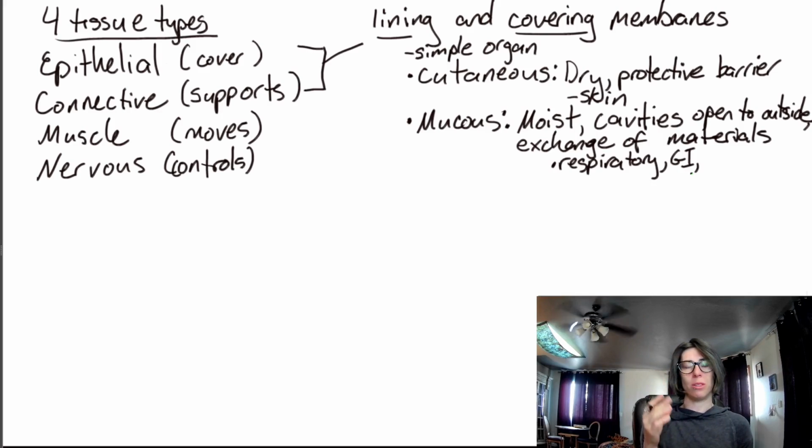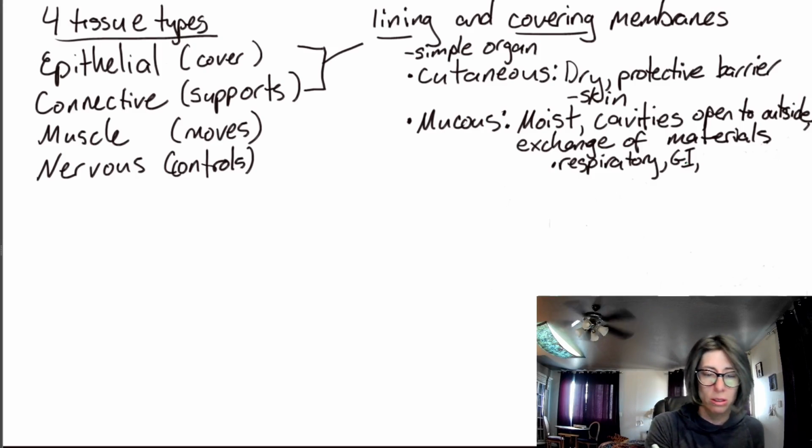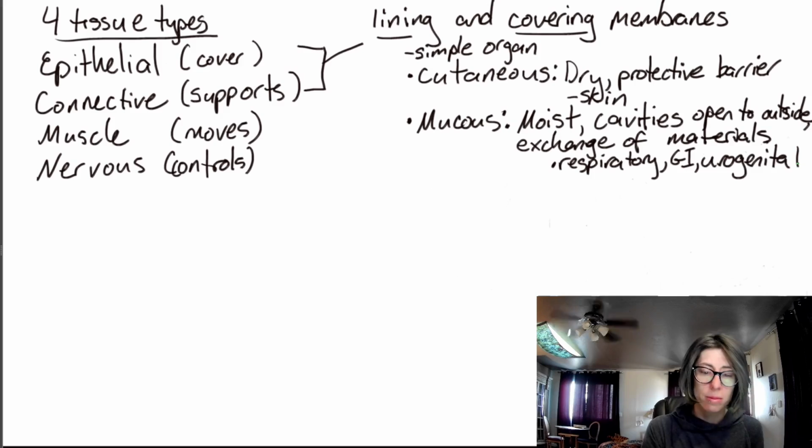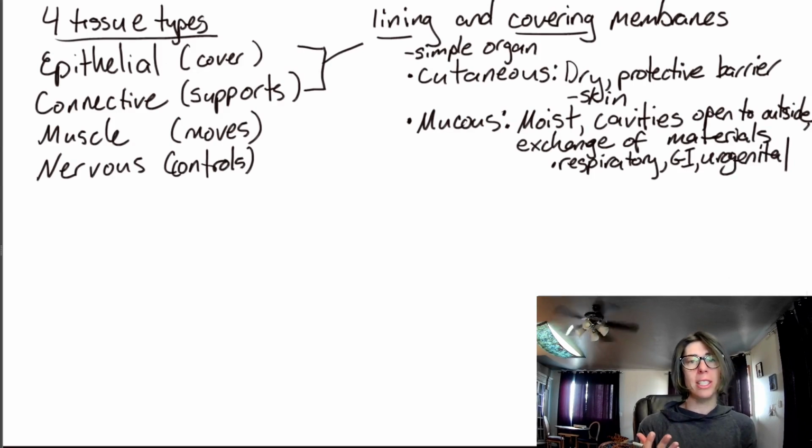So through much of your gastrointestinal tract, you're absorbing nutrients from your food. And then the last mucous membrane is going to be found in the urogenital tract. So the urinary tract is for excretion, right, from the inside to the outside world.